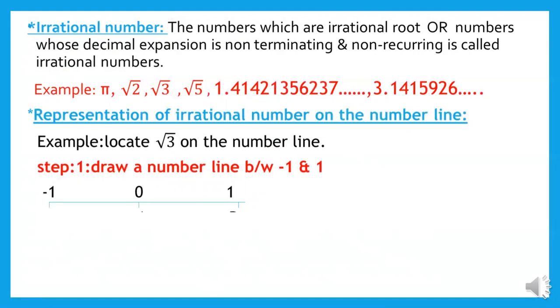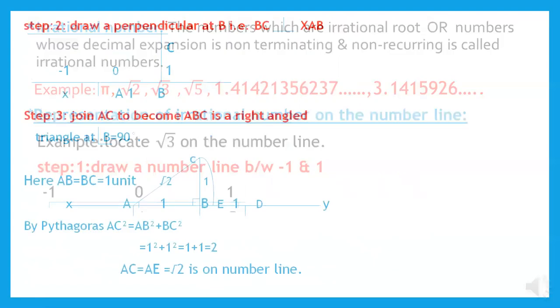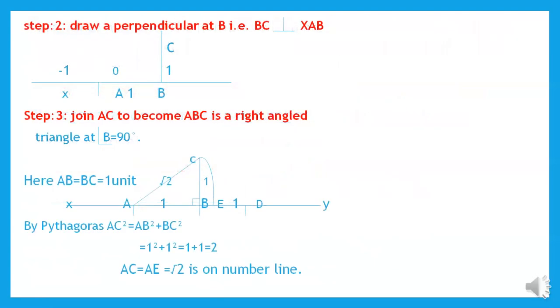So for this, I am going to take one example: represent or locate root 3 on the number line. Here, in first step, draw a number line between -1 and 1. Just observe the graph. Next, second step, draw a perpendicular at B, that is BC is perpendicular to the line segment XAB.